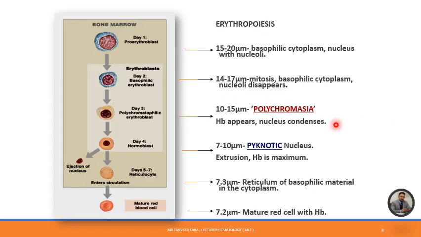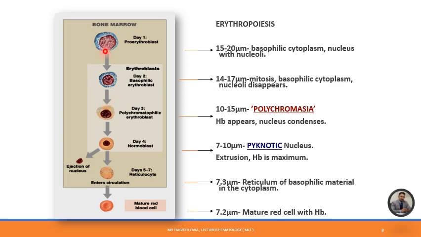So let's start the stages of erythropoiesis, and you are looking at this diagram. This is the proerythroblast, which further divides into basophilic erythroblast. This is day one, this is day two, and on day three the polychromatophilic erythroblast.